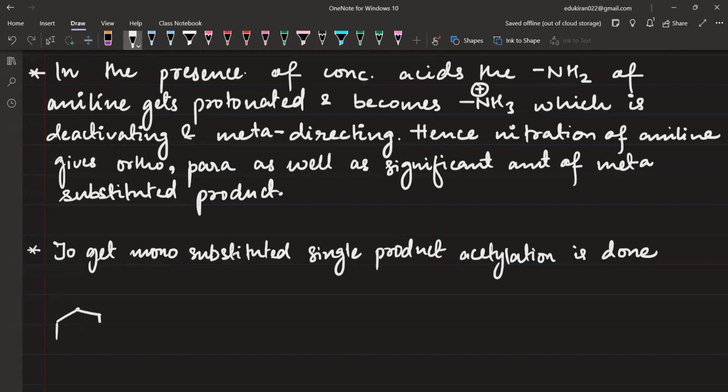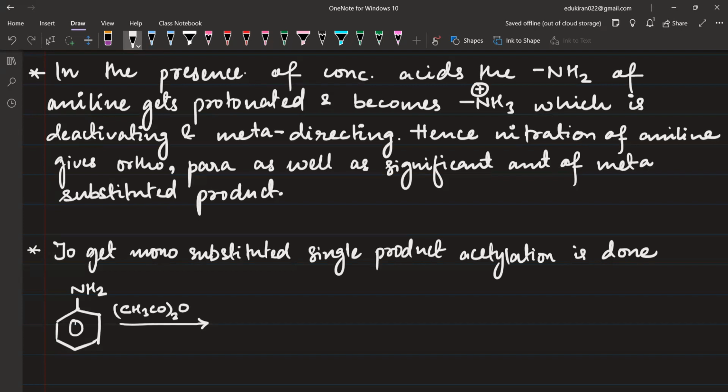You'll start with aniline. You'll react this with acetic anhydride, (CH3CO) whole twice, oxygen atom.